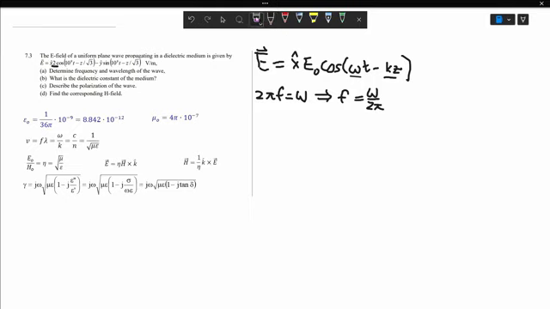Now we know that our omega is the 10 to the 8 inside the parentheses. So we can replace the omega with 10 to the 8, and then we can now solve for the frequency. Plugging this into a calculator, we end up getting a value of 1.59 times 10 to the 7 with a unit of hertz.